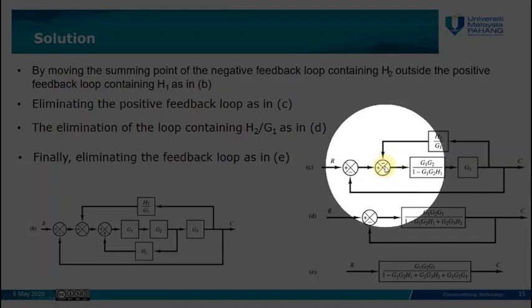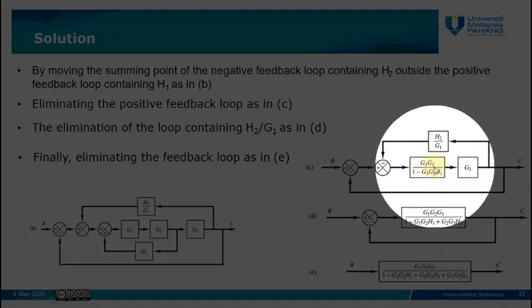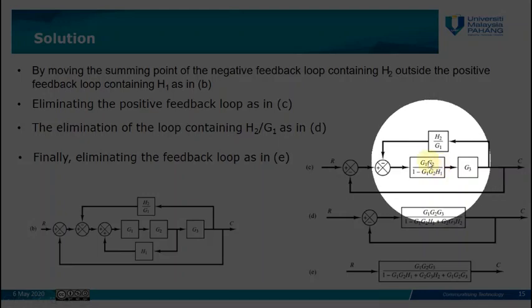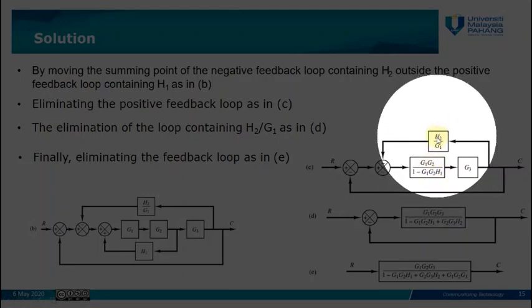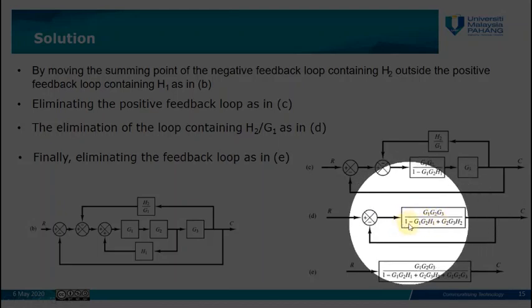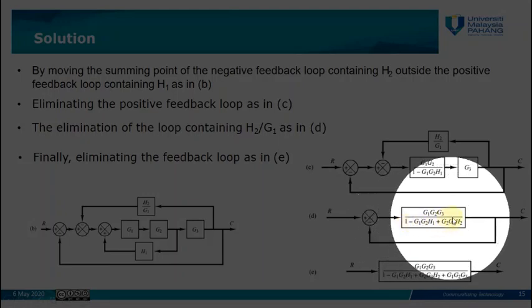Here we have a negative feedback. The transfer function is G1, G2, G3 over 1 minus G1, G2, H1, and the feedback value is H2 over G1. So the new combination will be G1, G2, G3 over 1 minus G1, G2, H1 plus G2, G3, H2.